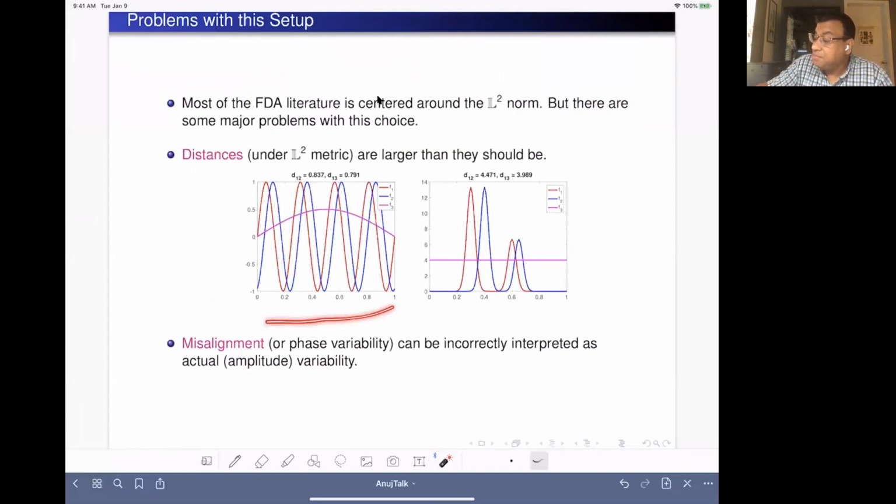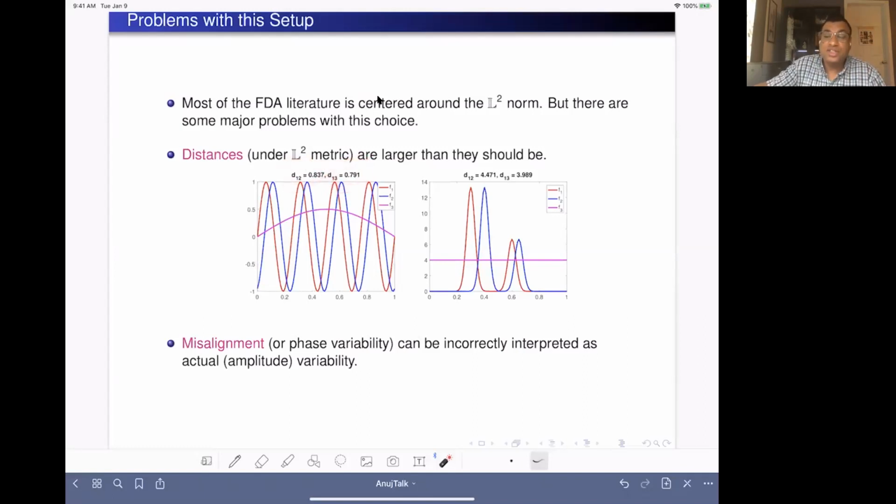In this picture, I have three functions, F1, F2, and F3. F1 is in red, F2 is in blue, F3 is in this pink magenta line. If I calculate the pairwise L2 distances, I get these distances that look like this.